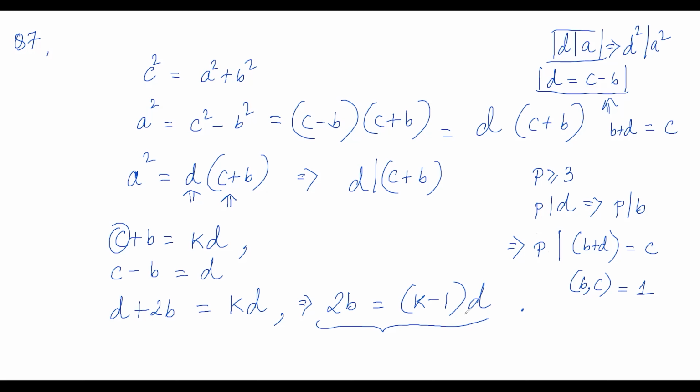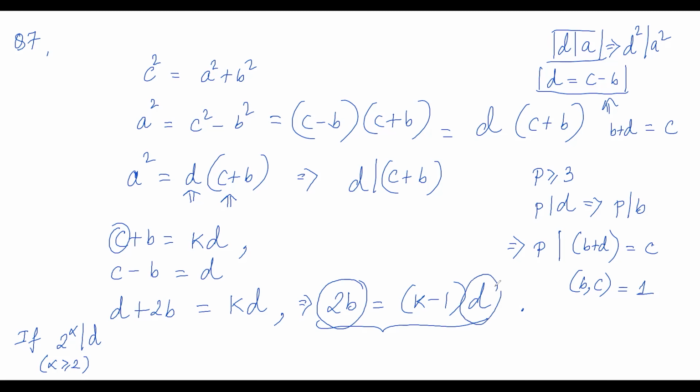But that is also not sufficient, because now all the prime factors of d can only be 2, but there might be more than one 2 in d. So suppose 2 to the power alpha divides d, where alpha is greater than or equal to 2. Now look at this equality. On the left hand side you have 2b, and on the right hand side you have (k minus 1) times d.